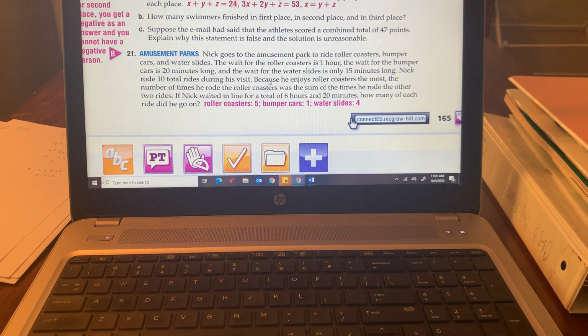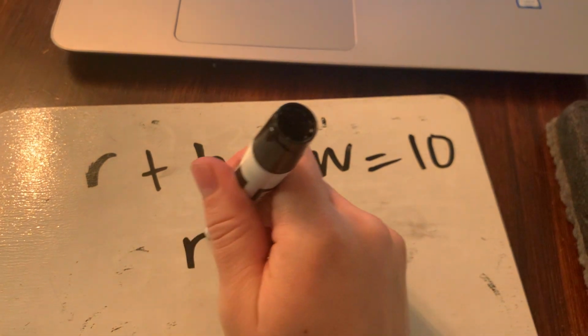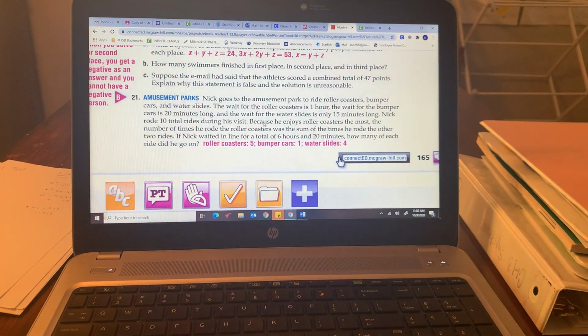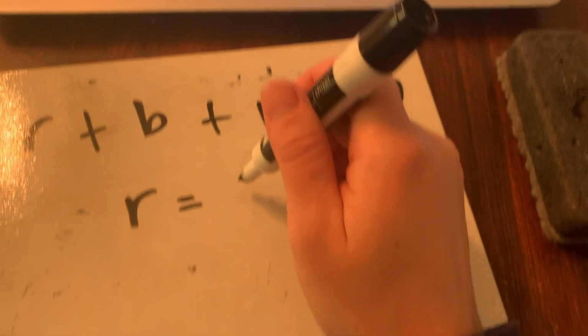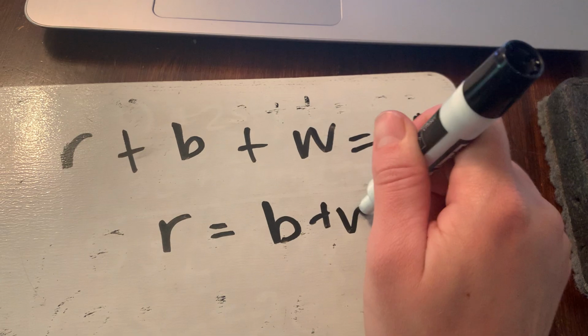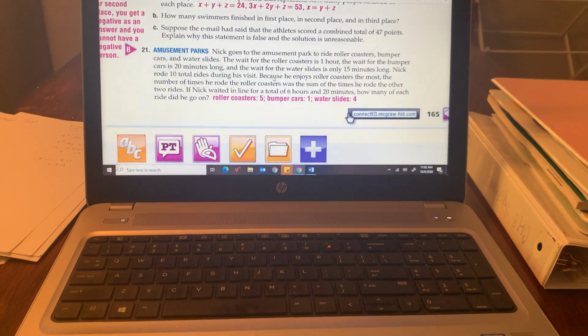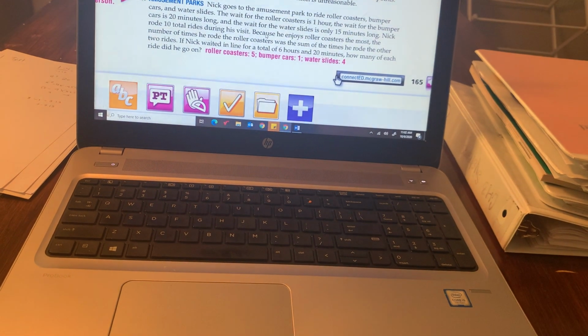Because he enjoys roller coasters the most, the number of times he rode the roller coasters was the sum of the times he rode the other 2 rides. If Nick waited in line for a total of 6 hours and 20 minutes.